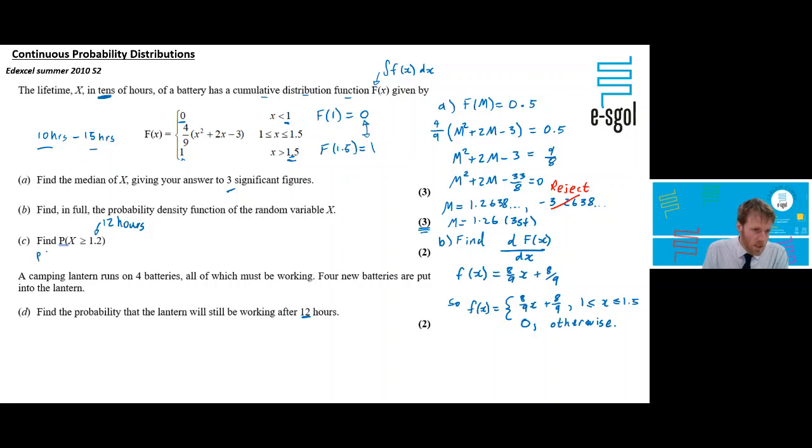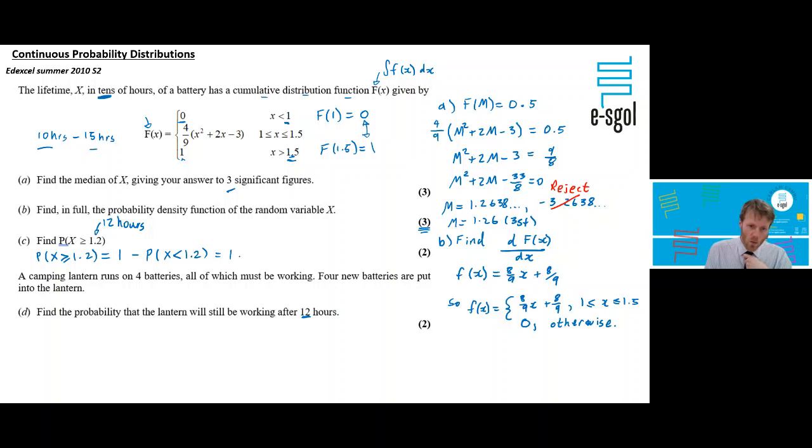So the probability that X is greater than or equal to 1.2 is equal to, now there are various ways of doing this, but an easy way would be to do 1 take away the probability that X is less than 1.2, because what this function does is work this bit out for you.